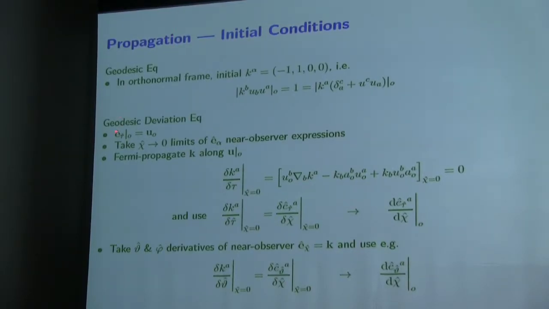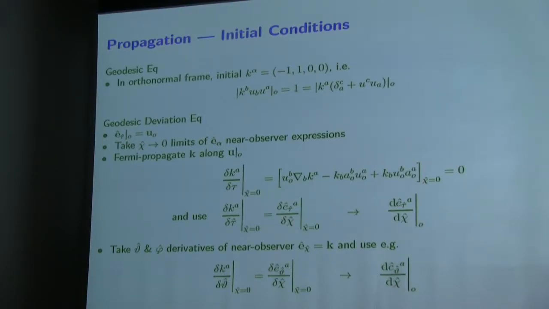And similarly for the deviation equation, we say the time vector is the local flow four-velocity, and then we take the chi-0 limits of the basis near the observer, and we get these things, and we use essentially the commutation of the coordinate basis in order to get initial conditions on our rate of change of the basis vector.